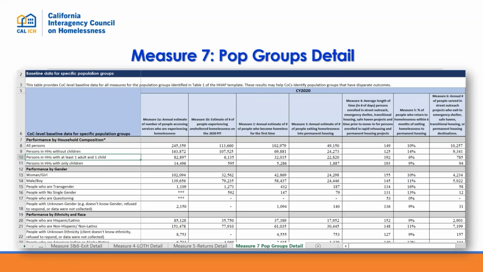Please note that because people can be part of different household types over the course of the year, the sum of the household types does not necessarily add up to the top line number in line 8. Additionally, because of state privacy laws, any cell value that is smaller than 11 is suppressed and will show 3 asterisks instead of the value.